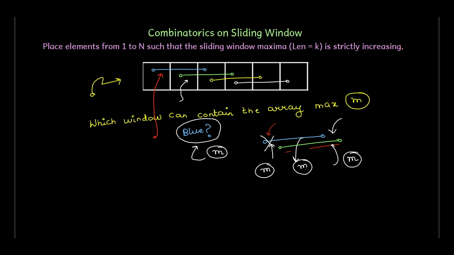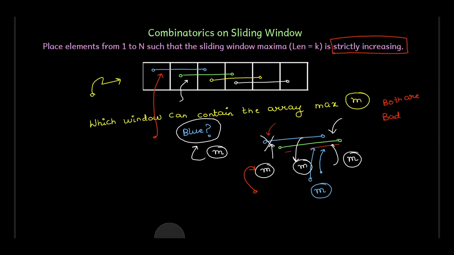Now in this case, you didn't lose the maxima, so the maxima of this green window is still m. But if you are paying close attention to the problem statement, you will realize that it says the maxima has to be strictly increasing. So it doesn't really matter whether you lose the maxima or you don't lose the maxima. Both the cases are bad.